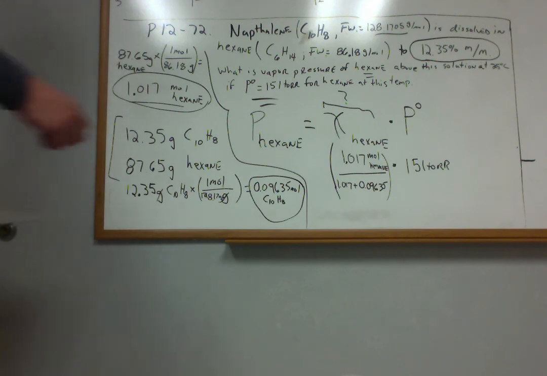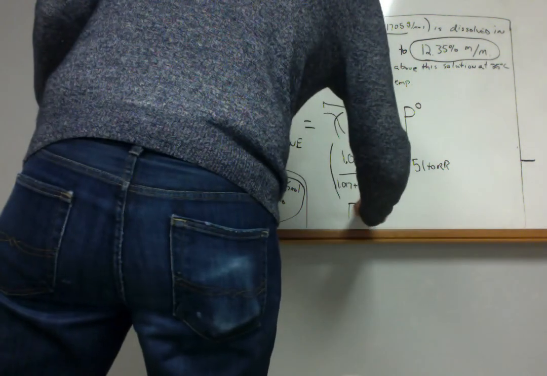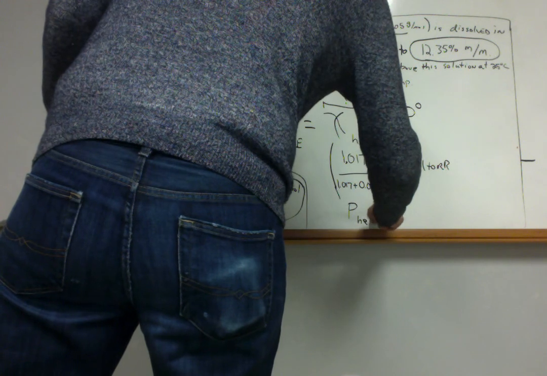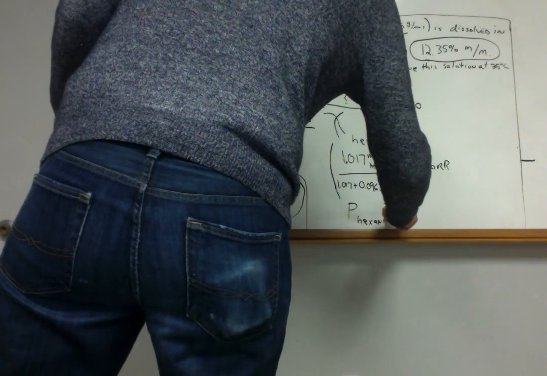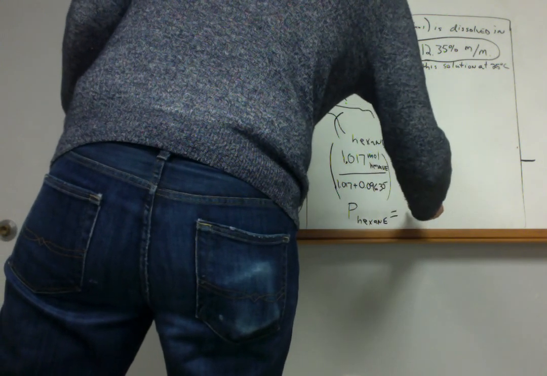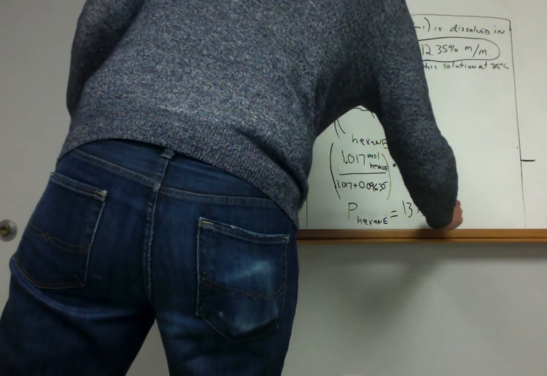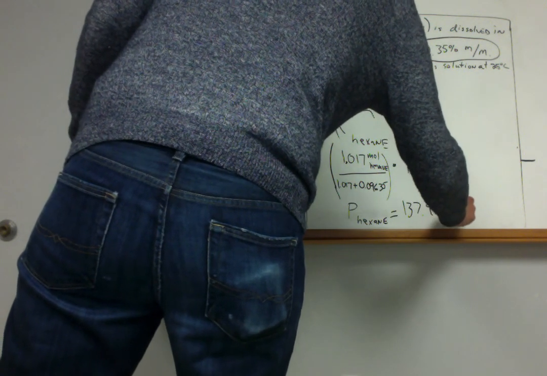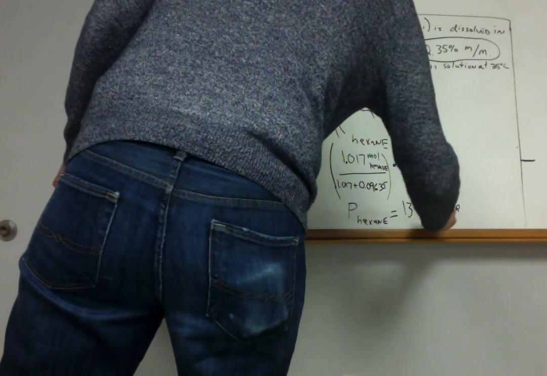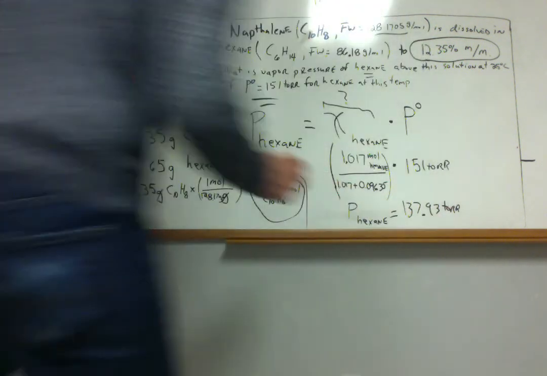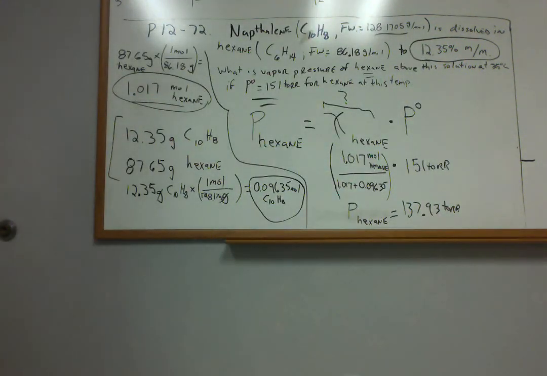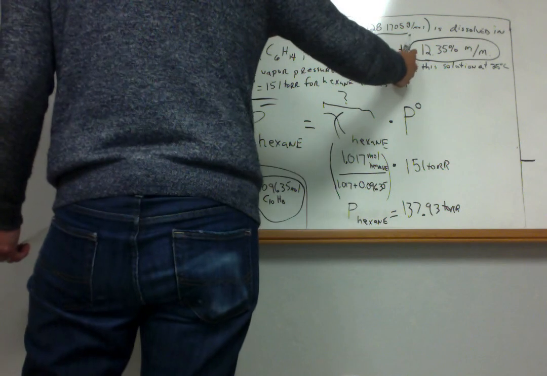And if I work out the math on that, I get a vapor pressure of 137.93 torr. So straight off my calculator, right? 137.93. And if I think a little bit about sig figs, it looks like this would be a starting point that's got 4.